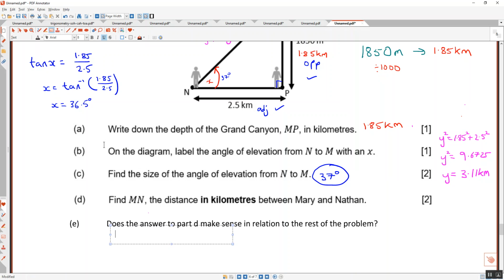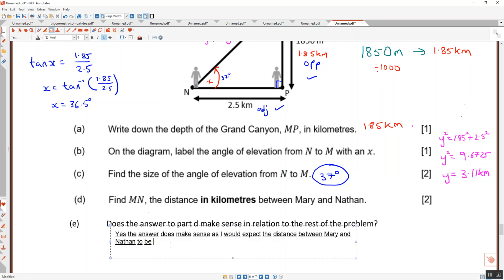I'm going to put yes, the answer does make sense, as I would expect the distance between Mary and Nathan to be longer than the distance between Mary and, is it Peter?